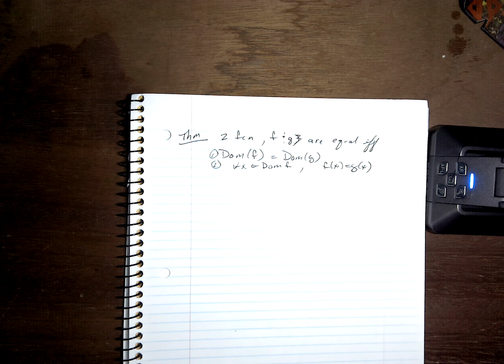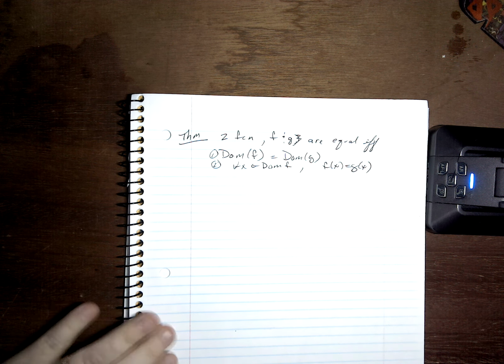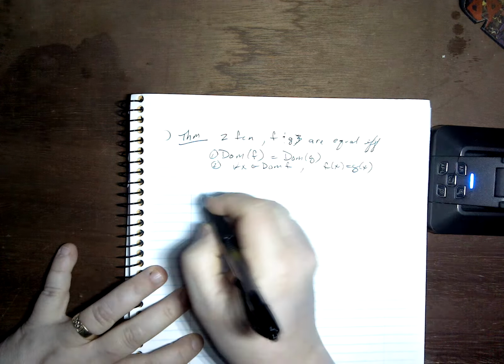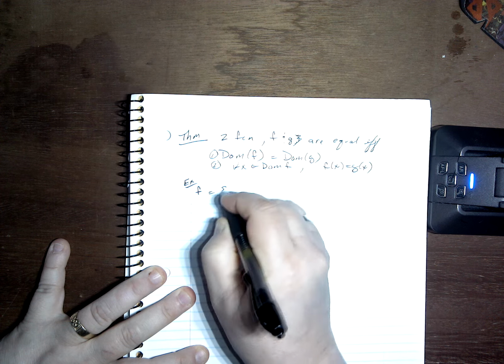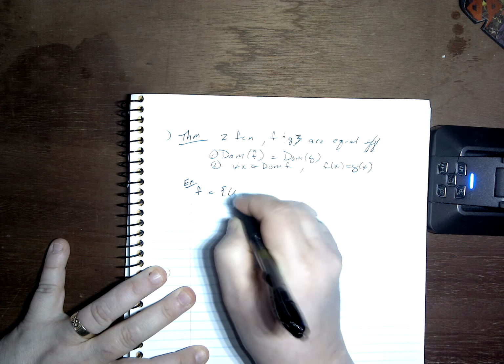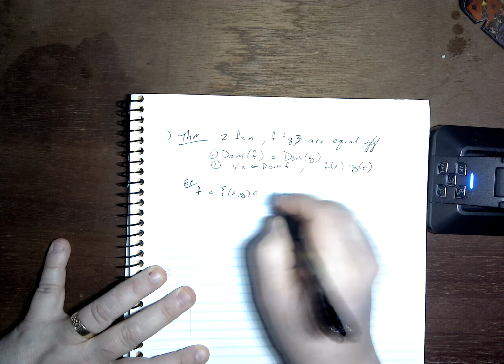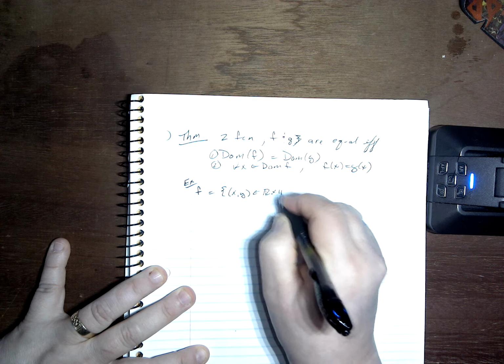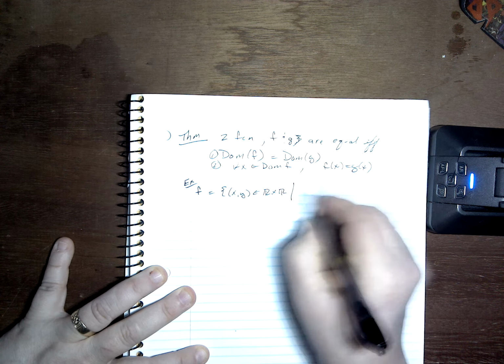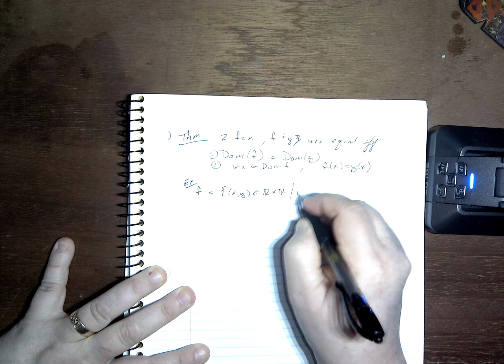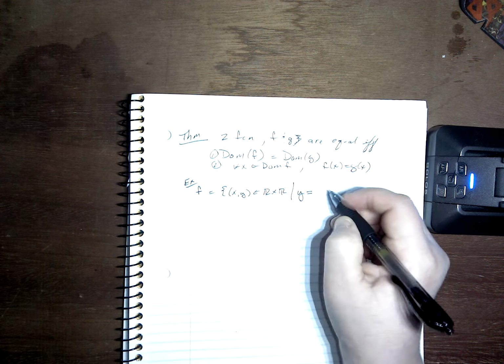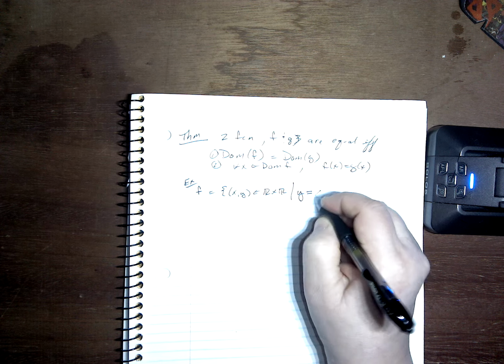Well, if I have f equals the set of xy, element of R cross R, such that, how do I want to do this? y equals x squared.